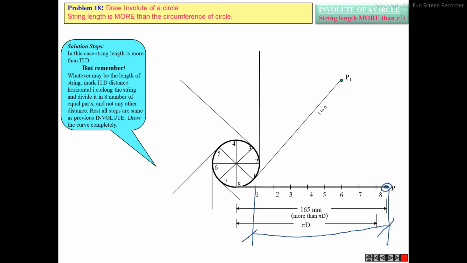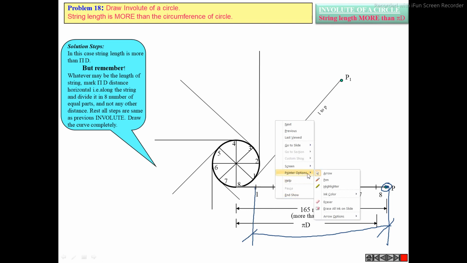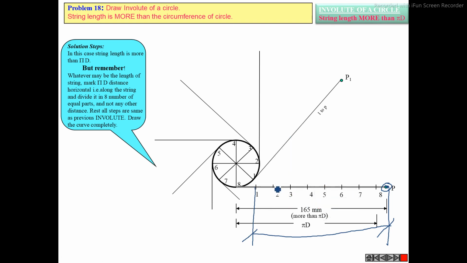The same way, you measure the distance on your compass from 2 to P. I will take my compass and measure this distance from 2 to P. I will place my compass at point 2 and on the tangent line passing through point 2 I will cut an arc, and that point will be the next locus point of my involute, that is P2. Yes or no?